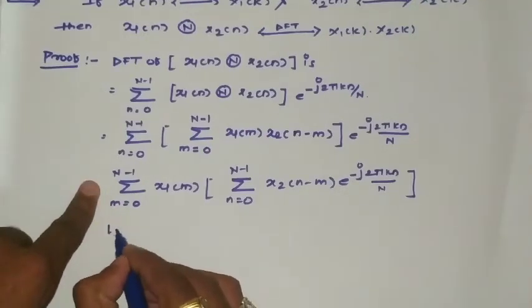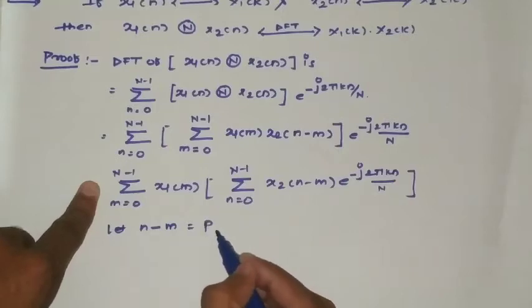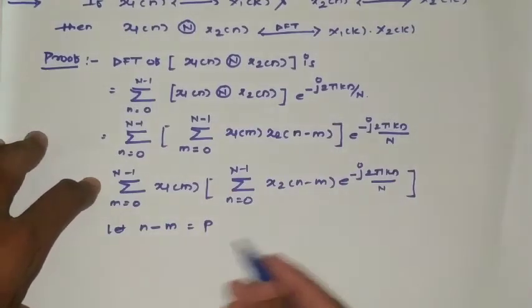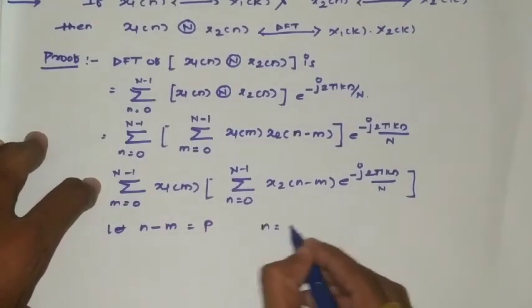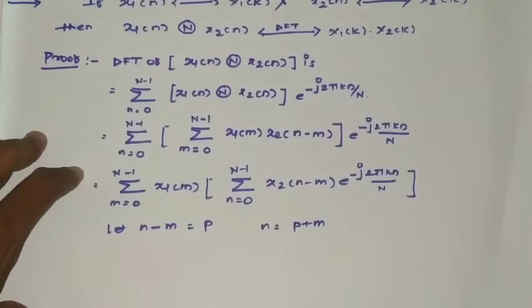So we will put it here, let n minus m be equal to p. That means we are assuming this as another variable p. If I make that change, I can write n in terms of p and m as p plus m, and again the limits are going to change.